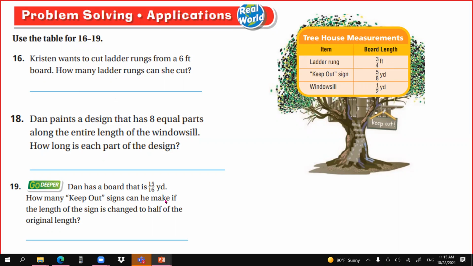What do you have to do here? You have a board. Yes, continue, please. 6 divided by what? Bravo. Then continue. What do you have to do here?